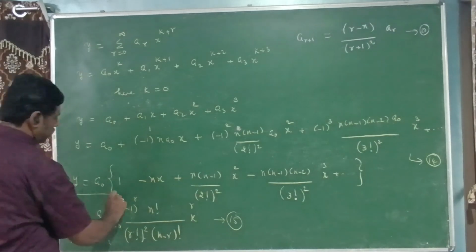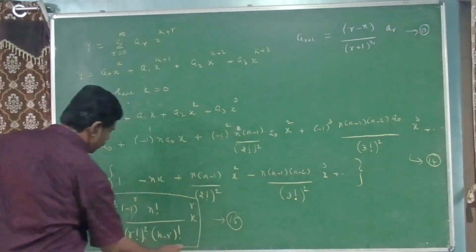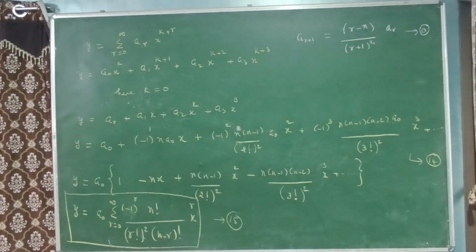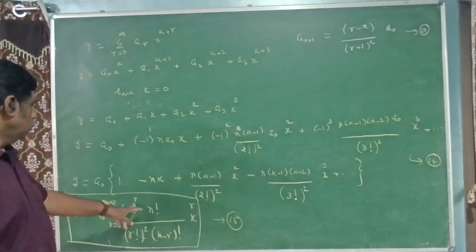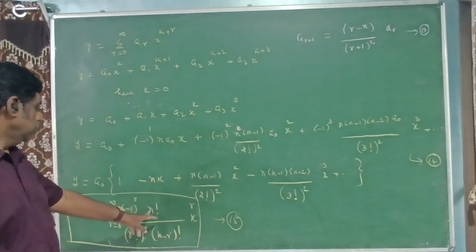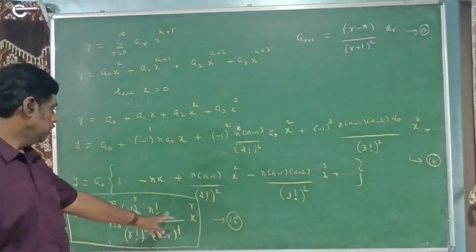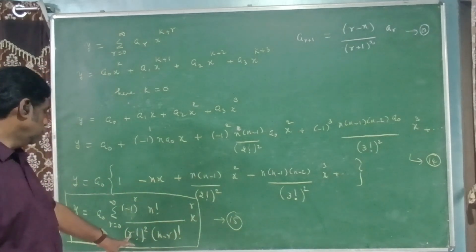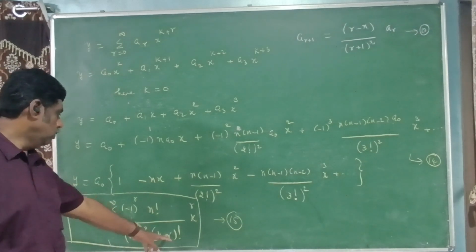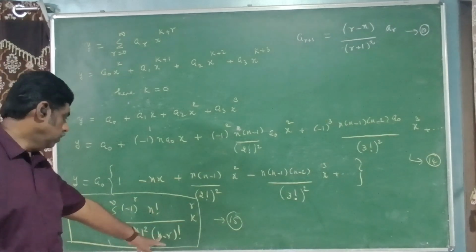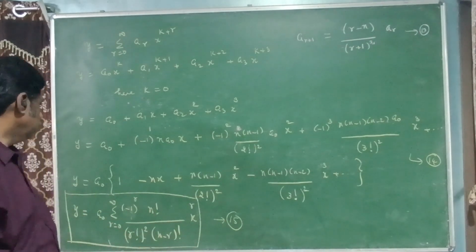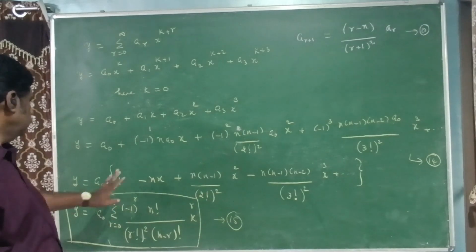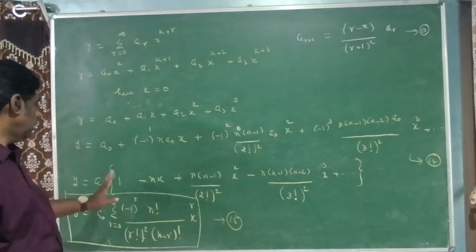In equation 15, if you put r equal to 0, minus 1 power 0 is 1, x power 0 is 1, 0 factorial is 1. So we get n factorial divided by n minus 0 factorial, which cancels. So we get a0. See here, the first term a0 we can have.